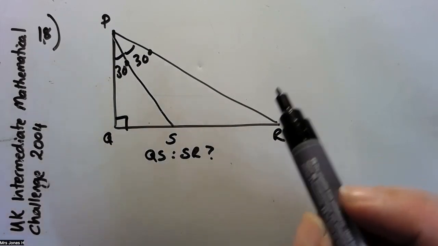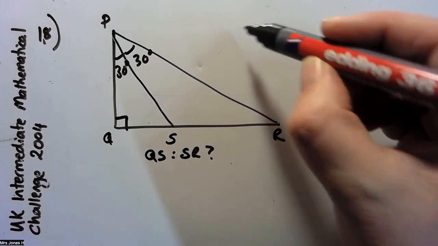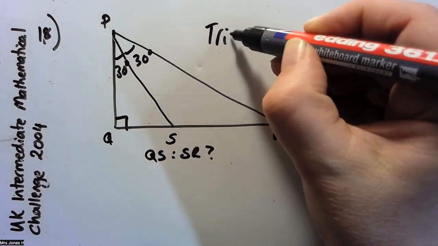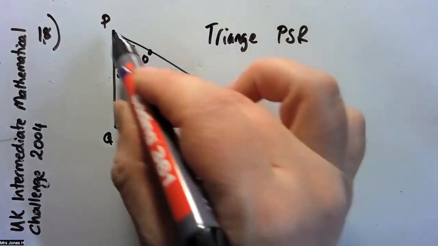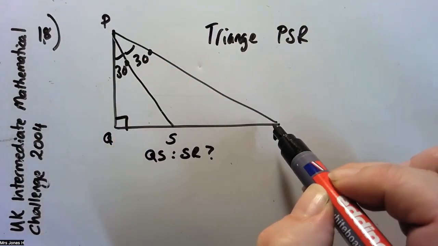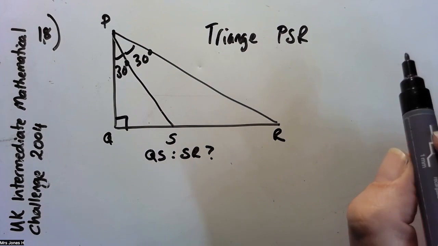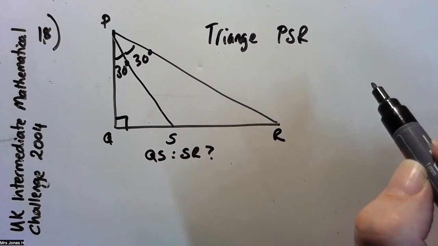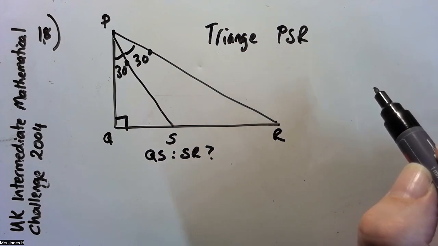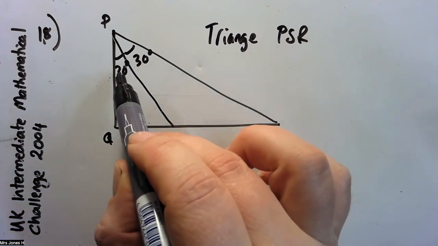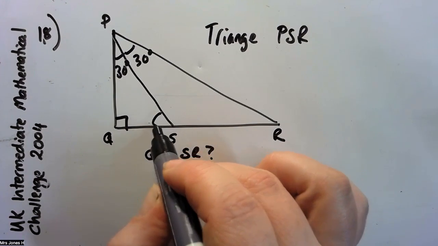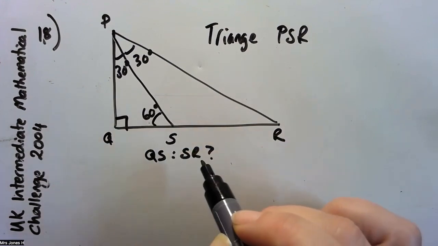We know that the triangle PSR, this one, P, S and R, is going to be an isosceles. Because this angle here, this is 60.